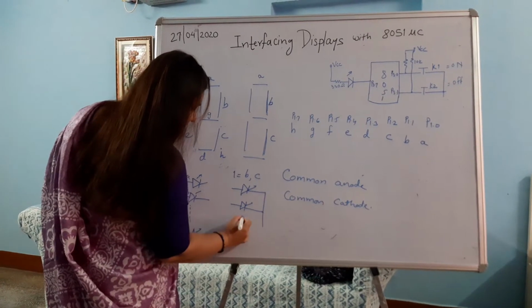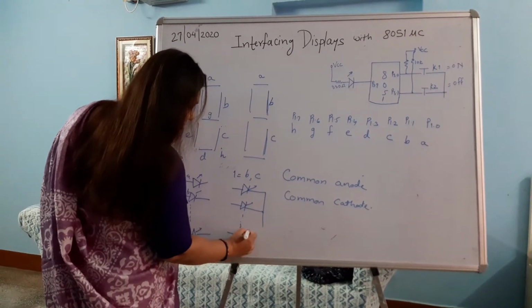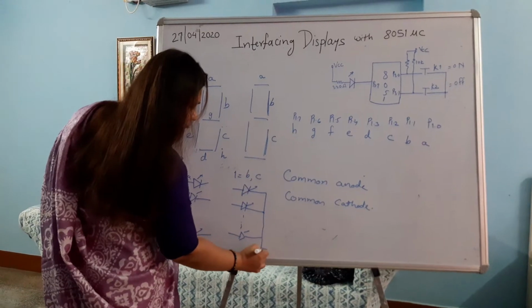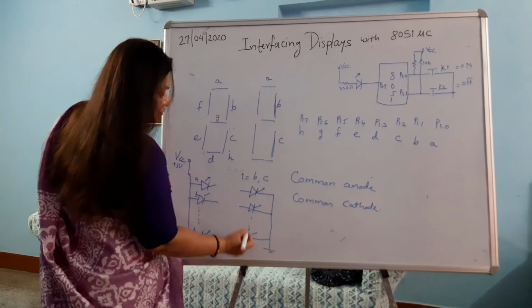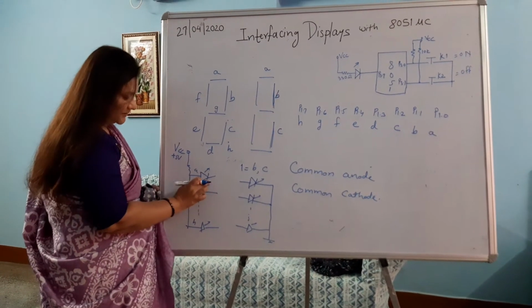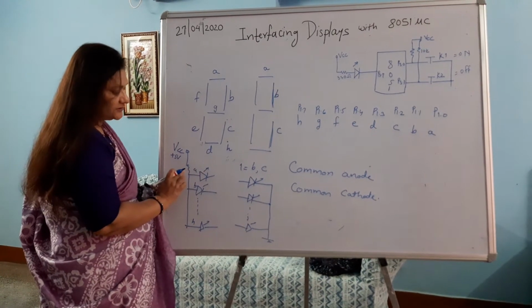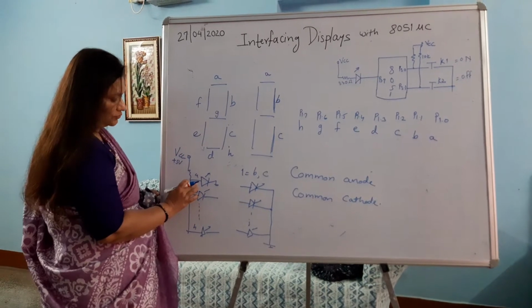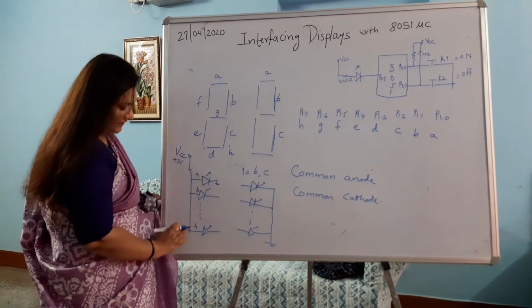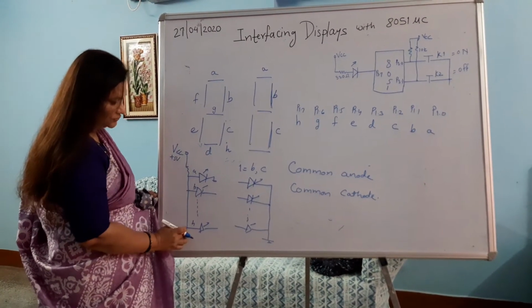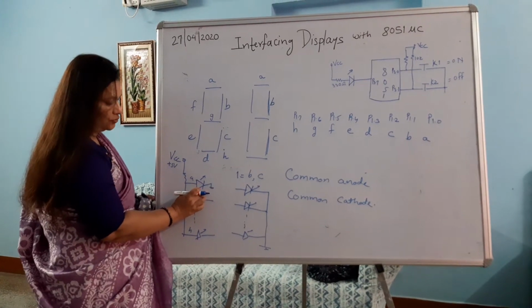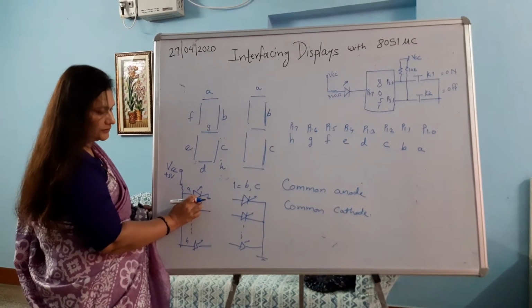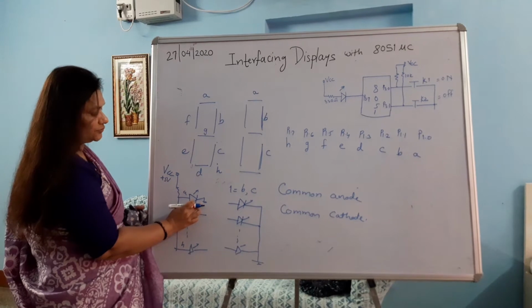This is one segment, likewise you have 8 segments, and you are providing ground to this common cathode. If I want to glow a particular LED, unless I put ground at this pin, it will not glow. So even if VCC is available on all the anodes, only the LED which has ground at the cathode will glow. Ground means logic 0 at the cathode.